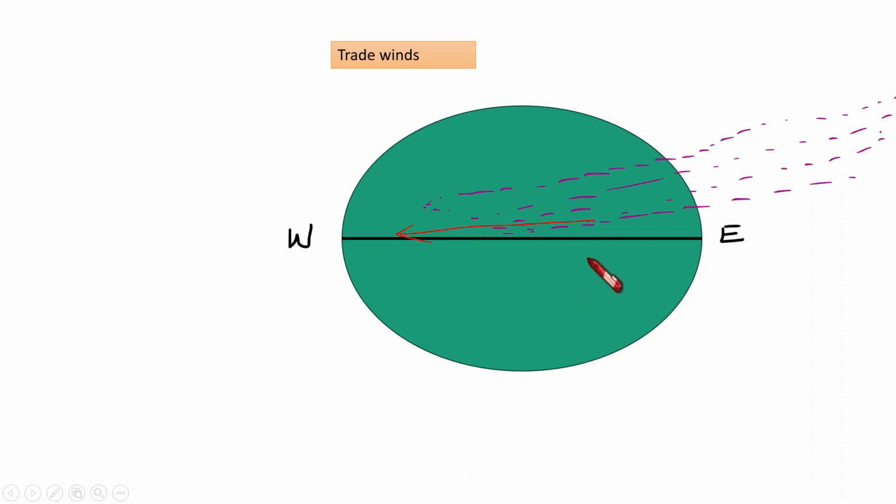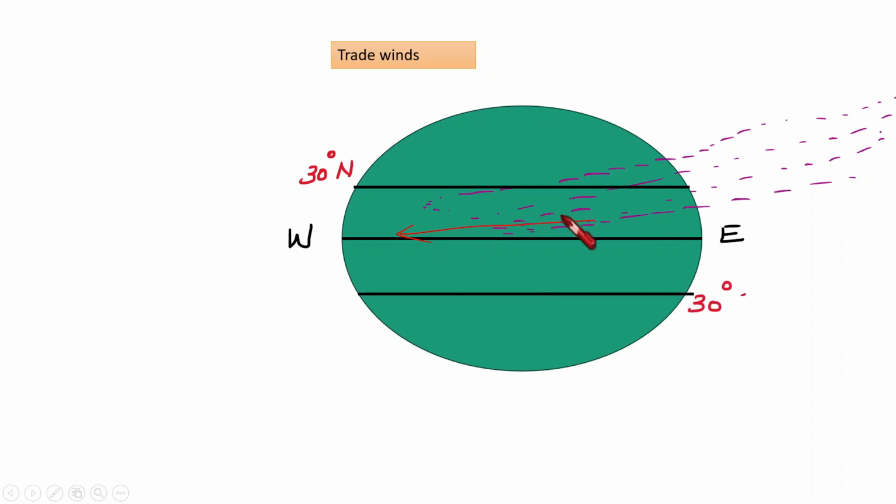That is the behavior of the trade winds. And up to what range can it extend? It can extend from 30° north latitude. Latitude means how it is spread from the equator. So 30° towards north and also 30° towards south. These are the nature and behavior of trade winds.